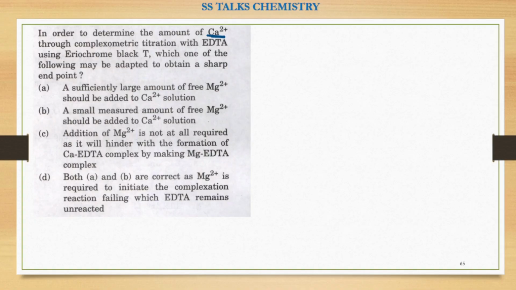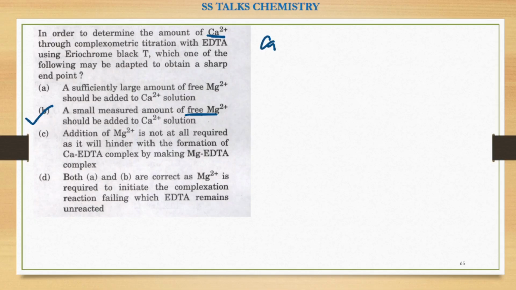Suppose you have hard water and you want to determine the calcium ion concentration. For that you will be adding a small amount of free magnesium ions, that is option B. Why we are doing so is because calcium does not form a stable complex with Eriochrome Black T, the indicator which we are using.